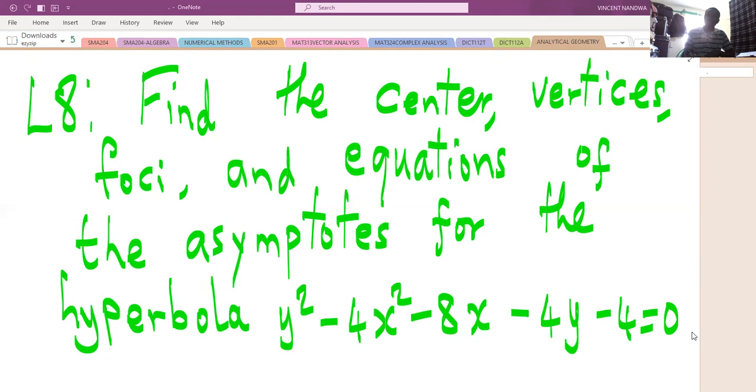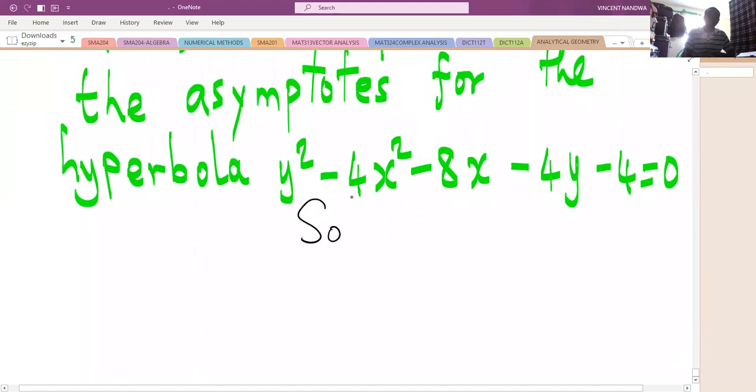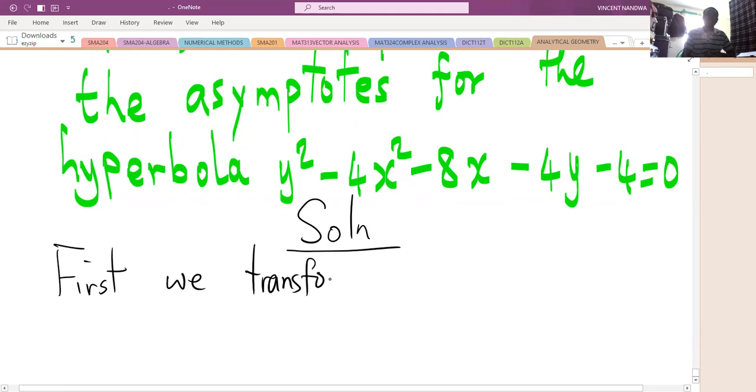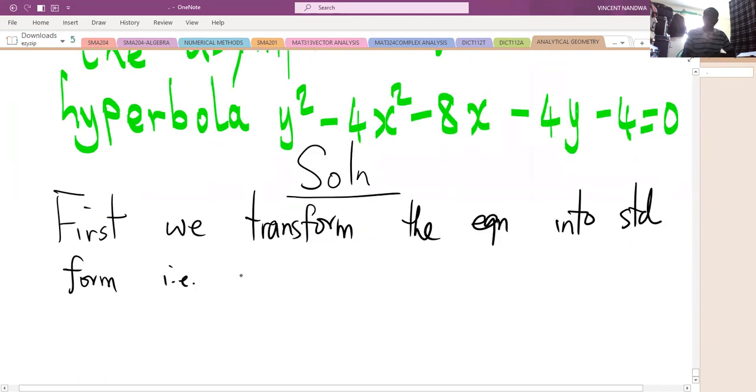So, solution. First, we transform the equation into standard form, i.e., either in the form y minus k squared... Actually, for this case, that should be the case because this negative is on the x.